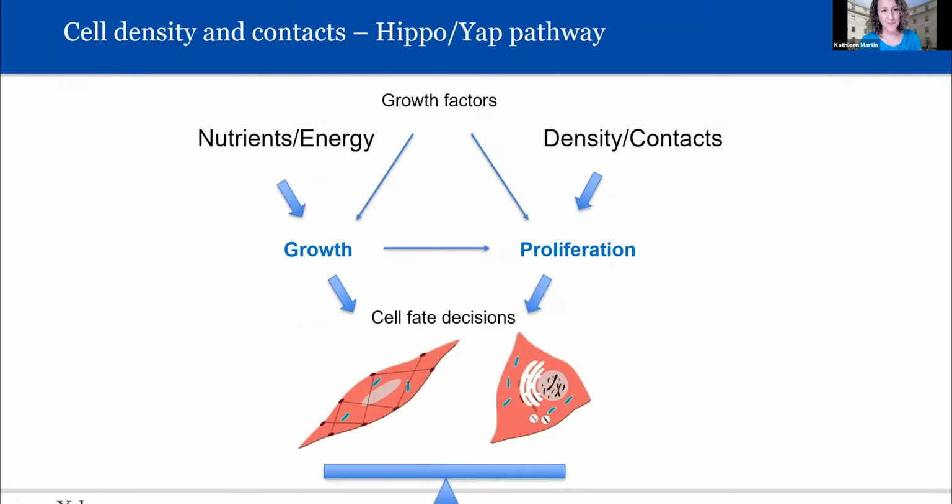So now, lastly, I want to talk about the idea of cell density and cell-cell contacts and contacts with the matrix as a way to influence cell state. The mTOR pathway regulates nutrients and energy in cell growth. It also senses growth factors, but cell density and cell contacts are another critical input for cell growth and proliferation. And these processes together influence cell fate decisions.